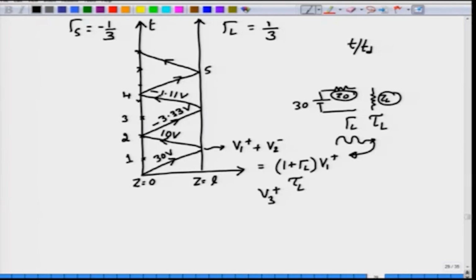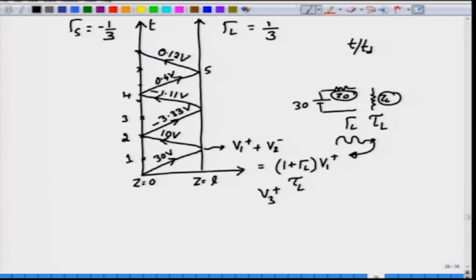So, right now minus 1.11, when it gets reflected back, will come back as roughly 0.4 volt, because there will be a minus sign at the source end. The minus and minus sign, after multiplication, will become positive. So, you have a 0.4, and then when you again reflect this 0.4 volt, this will be roughly 0.12 volt.